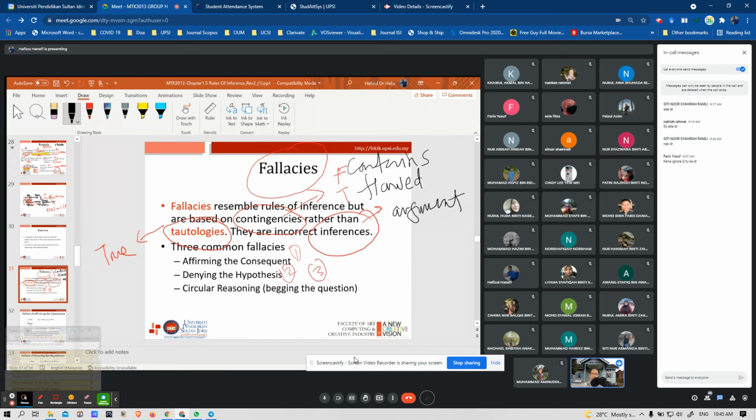Dia ada error dekat argument tu, tak betul lah. Sama ada argument tu tak betul ataupun kita nak deny argument tu. We want to deny the argument.